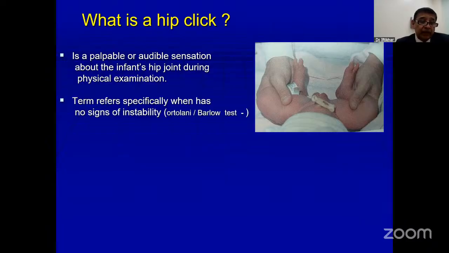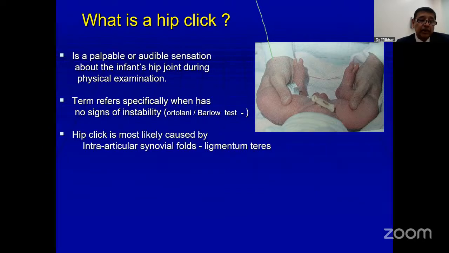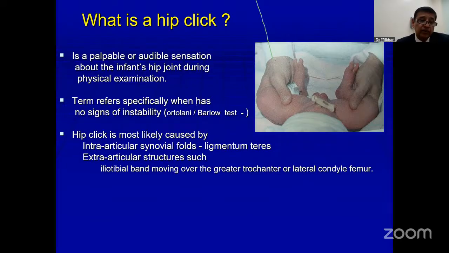Now, this term is used when there is no instability of the hip joint, meaning Ortolani and Barlow tests are negative during the evaluation. A hip click is most likely caused by either intra-articular synovial folds like the ligamentum teres, or extra-articular structures such as the iliotibial band, which moves around the greater trochanter and lateral condyle of the femur.